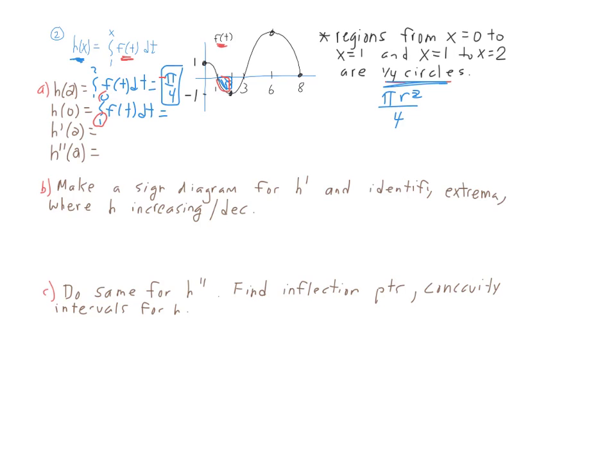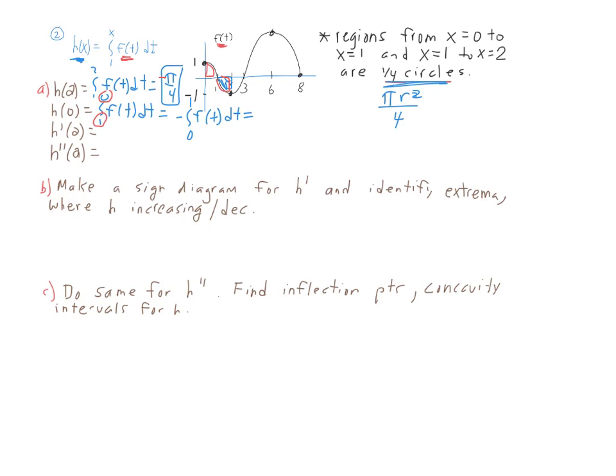We should always have the smaller one on the bottom, the bigger one on the top. So we can easily switch that by negating that definite integral. Recall we said that was a property. So we're talking about finding the area from 0 to 1, which is this region up above.